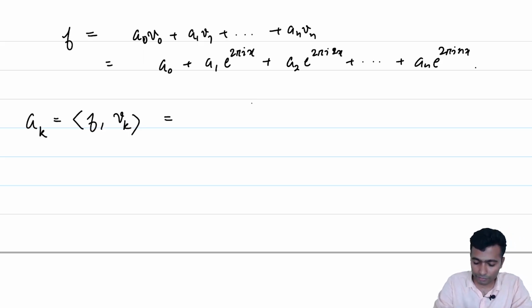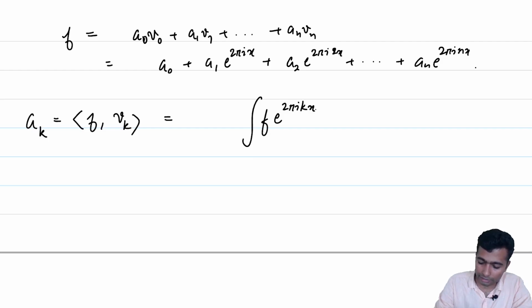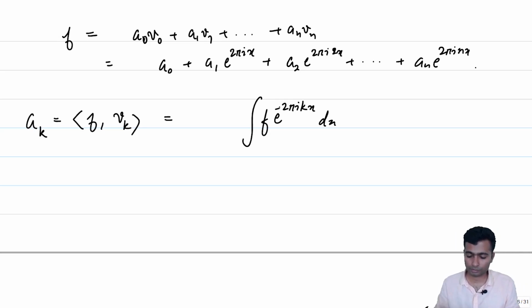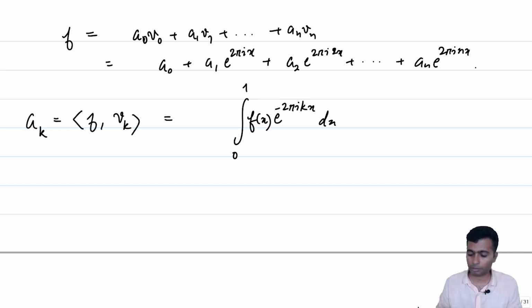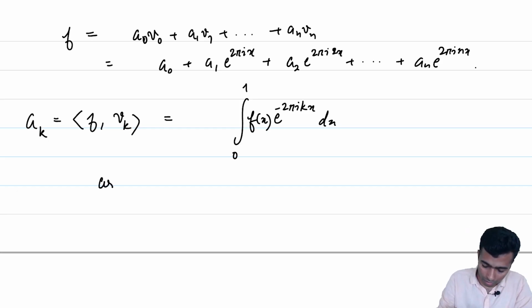But what is the inner product of f with vk? This is 0 to 1 of f of x times e to the power minus 2 pi i kx dx. These are called the Fourier coefficients of f.